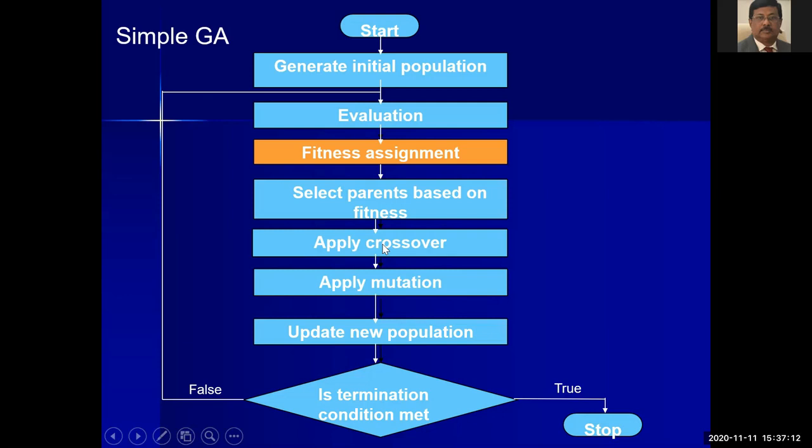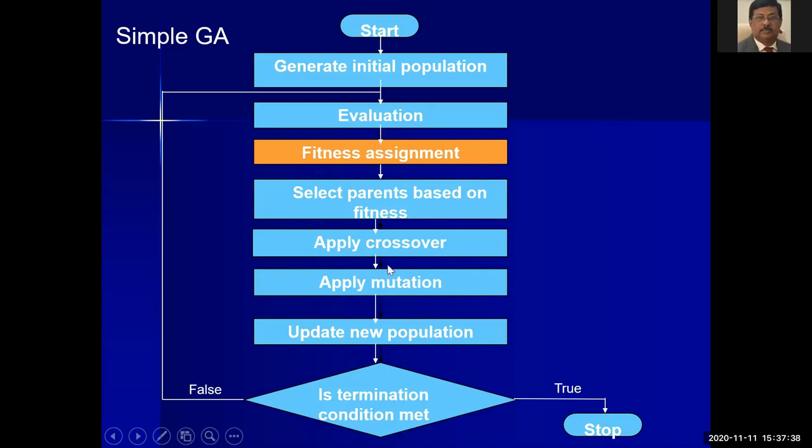In order to complete the crossover, we need to select a particular parental string. A pair of strings is to be selected. With that pair, the crossover operator has to be applied. Then after completing that, mutation comes. Mutation means here we need to select a particular variable, and then we have to go for mutation.